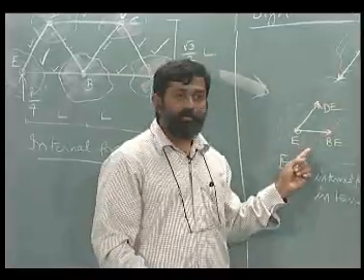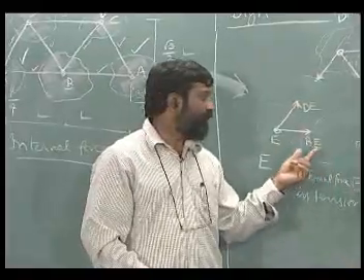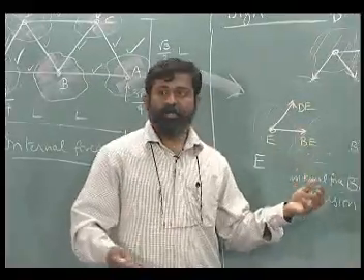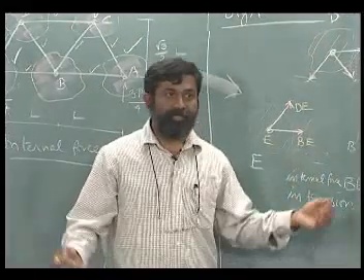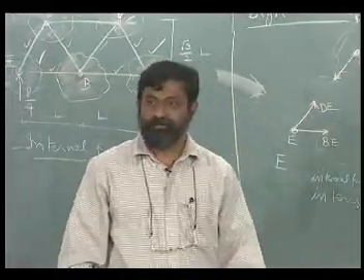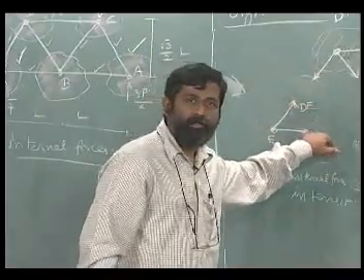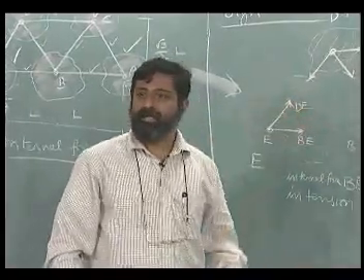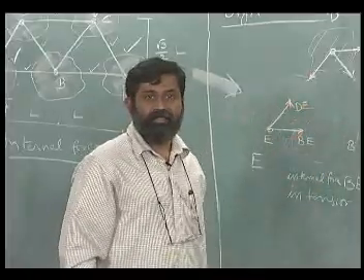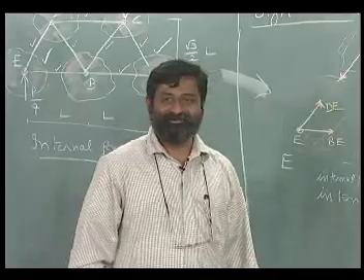And if I get a negative value for any one of these, for example BE, if I get a negative value for BE, it means that that member is in compression, as simple as that. Okay. This is one of the simplest things, but yet people make lots of mistakes in inserting this particular sign. Thank you.